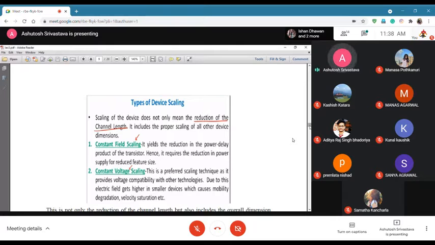The previous generation means that time would take around 18 to 24 months. So it is not a very strict rule.